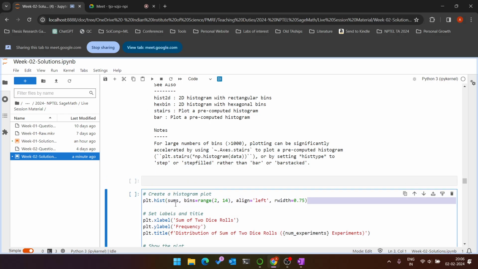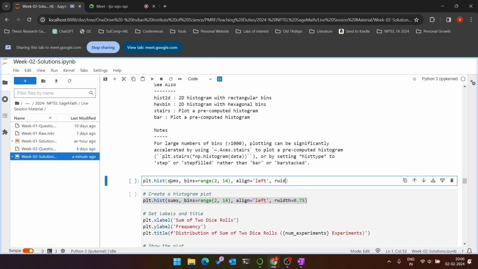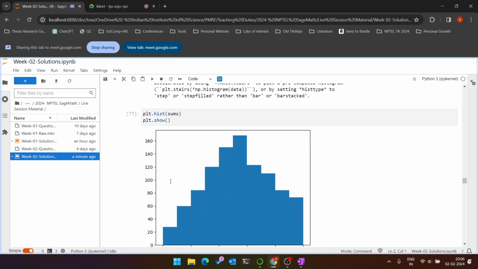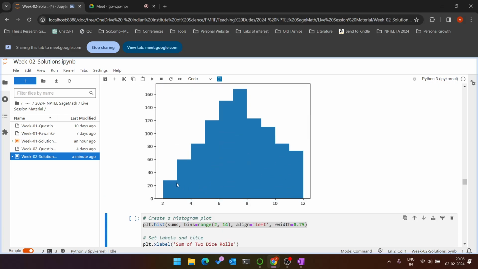So I'll do this step by step. First, I'll simply plot plt.hist for the array sums and then do plt.show. Let's see what happens. So it's automatically creating a histogram plot and it's doing some sort of sorting. It's not clear whether this histogram bar belongs to 12 or to 11.